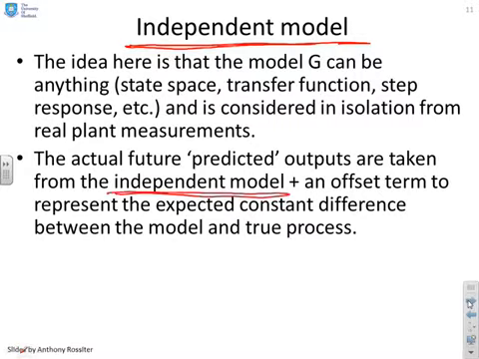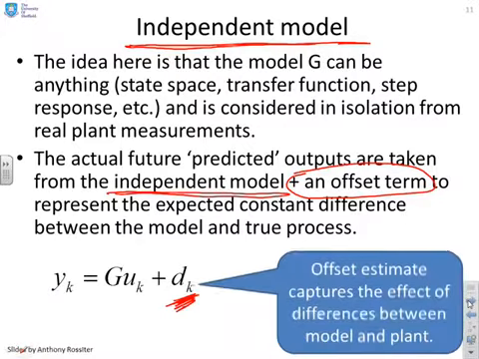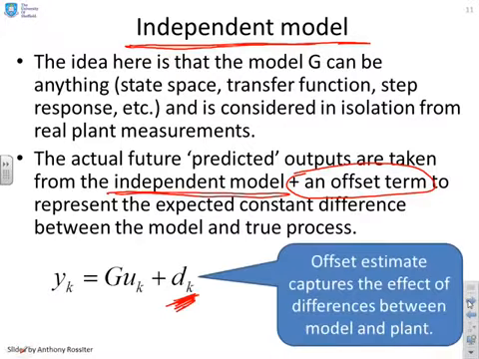So you say, what future inputs am I going to do, or what past inputs have I got? You stick them in your independent model and you find out what it gives you. But then you add an offset term which represents the expected difference between the model and the true process. And what people will normally do is they'll say this offset term is essentially the disturbance term, exactly the same as we had for the step response model.